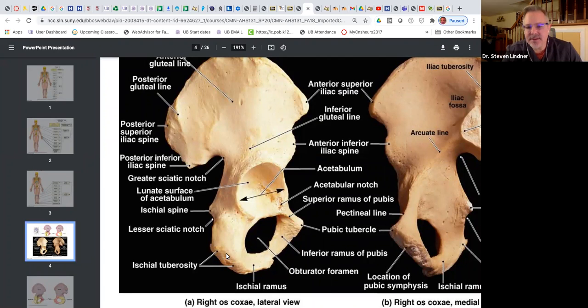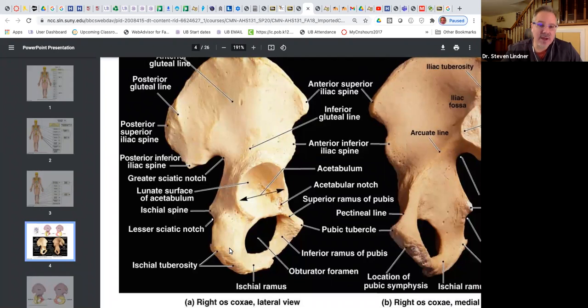The significance of the ischial tuberosity, all these tubercles or tuberosities or trochanters, these are all bony attachment sites for muscles to attach. And the reason why we're doing osteology and learning all of these landmarks is because we will be moving on very shortly to muscles, and muscles have to attach to bones.